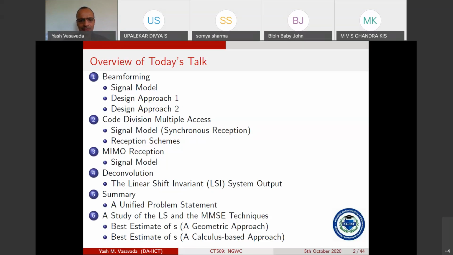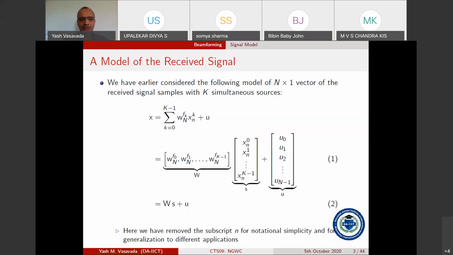Okay, so this is the beamforming model that we have, I think we are all familiar with now. We have seen this model multiple times before.